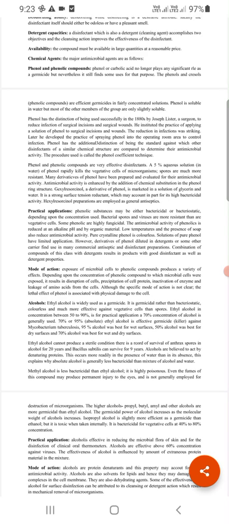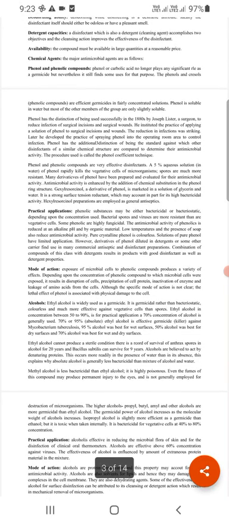Phenol and phenolic compounds are mostly used for disinfection purposes, but phenol, being corrosive and cancerous in nature, is avoided nowadays, as prolonged use of phenol can cause skin cancer.